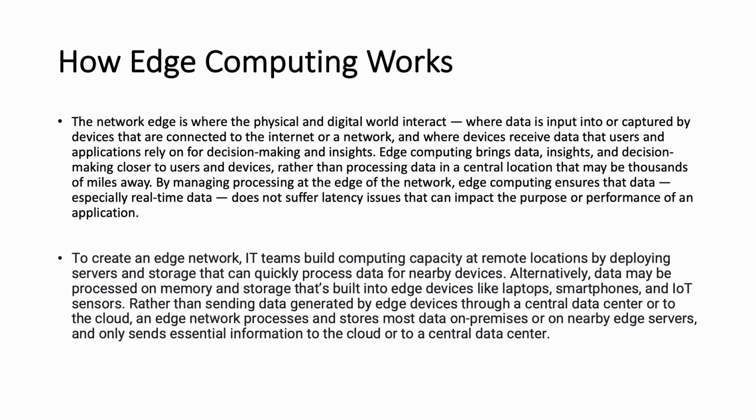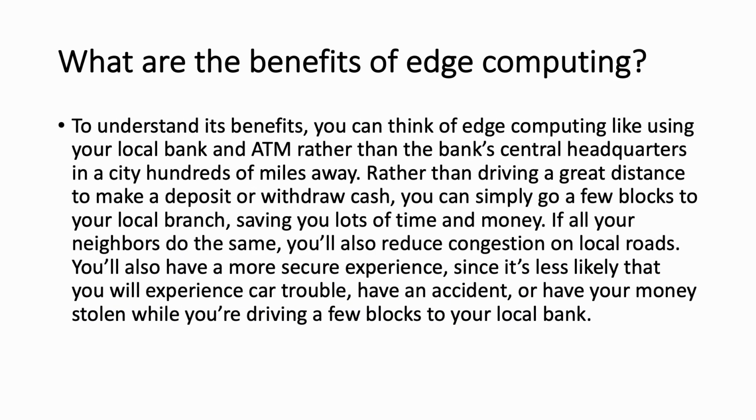Alternatively, data may be processed on memory and storage that's built into edge devices like laptops, smartphones, and IoT sensors, rather than sending data generated by edge devices through a central data center to the cloud. An edge network processes and stores most data on premises or on nearby edge servers, and only sends essential information to the cloud or to a central data center.